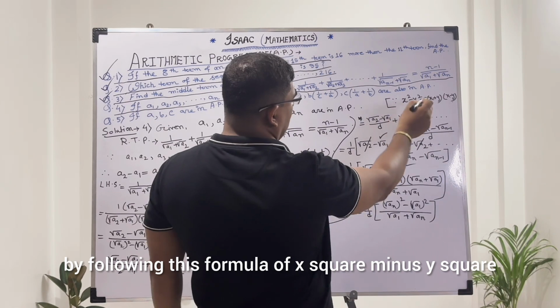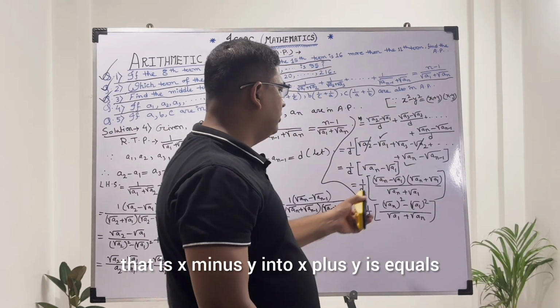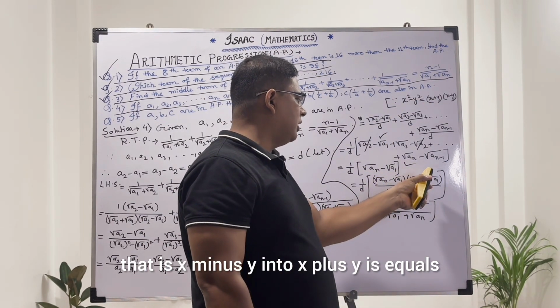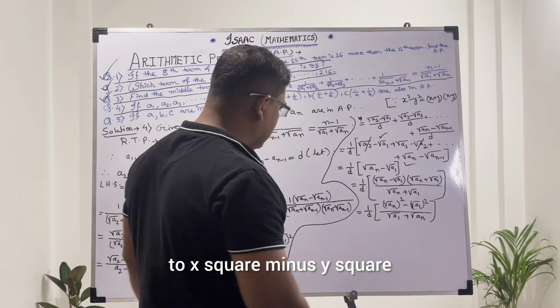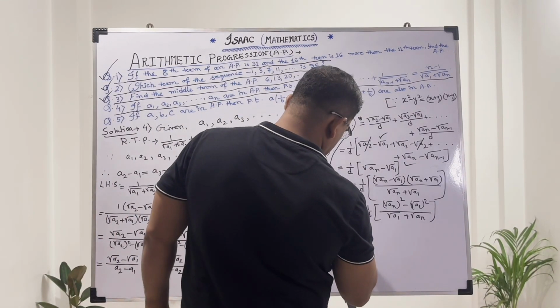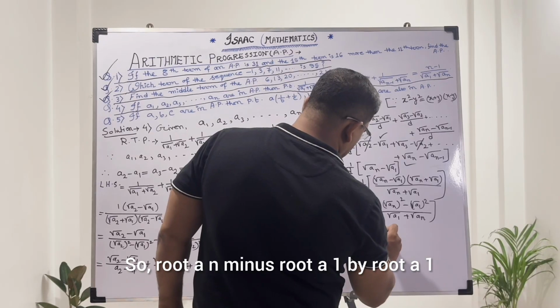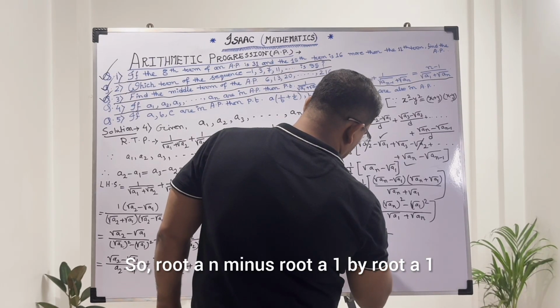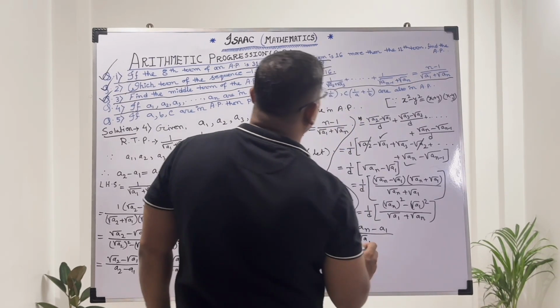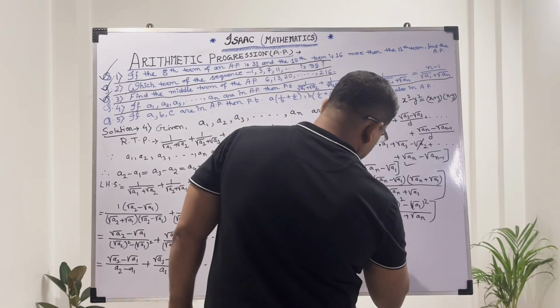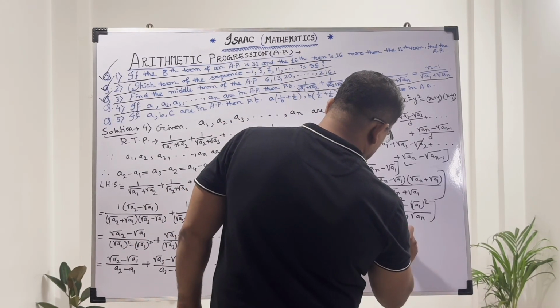By following this formula of x square minus y square, that is x minus y into x plus y is equal to x square minus y square. So root AN minus root A1 by root A1 plus root AN.